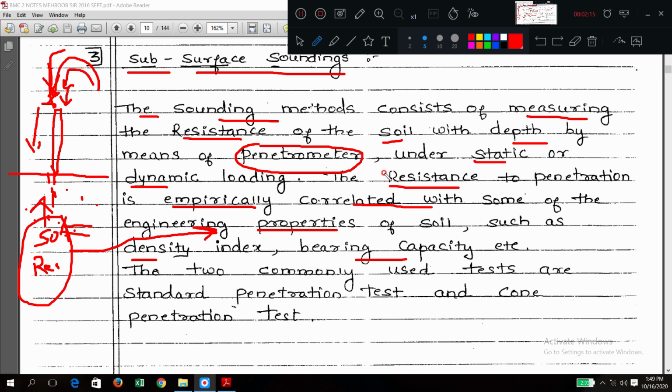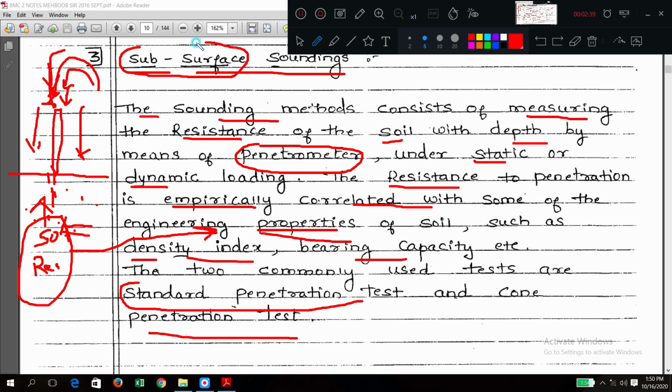Whatever resistance is offered by the soil for the penetration, that is correlated to its engineering properties such as its density index, bearing capacity, and the common tests we use are the standard penetration test and the cone penetration test. Just remember the names of the tests. So this is with respect to subsurface soundings.